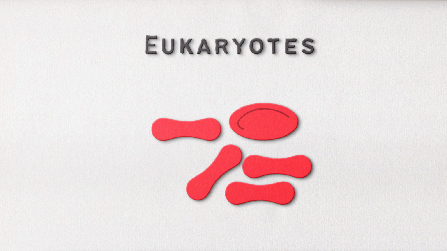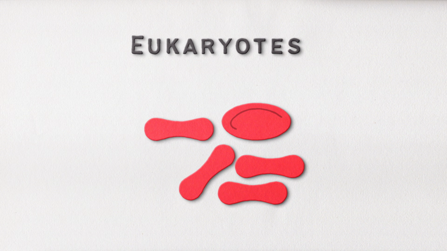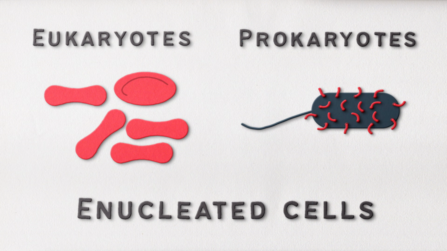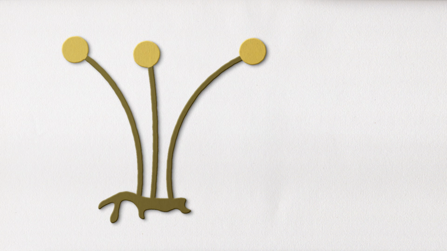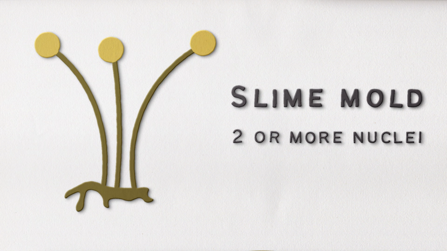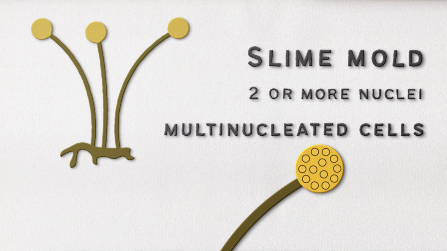Certain eukaryotic cells, like red blood cells, and prokaryotes, like bacteria and archaea, don't have nuclei either. These are called enucleate cells. Other cells, like those of slime mold, have 2 or more nuclei and are called multinucleate cells.